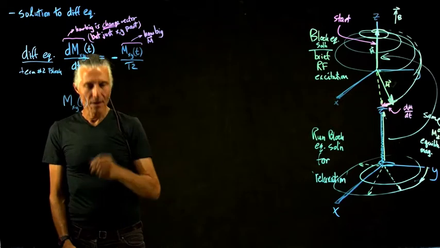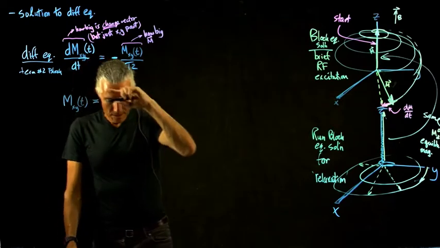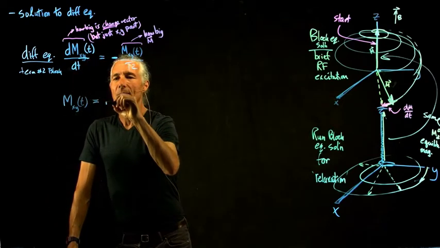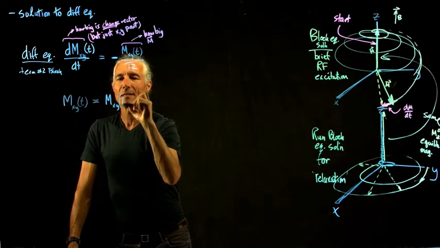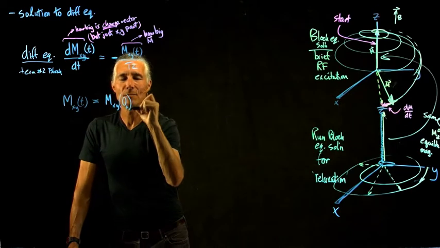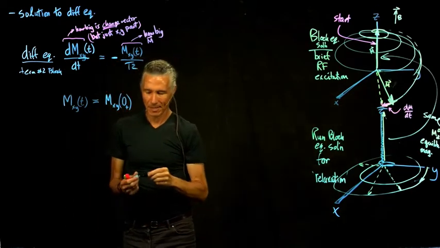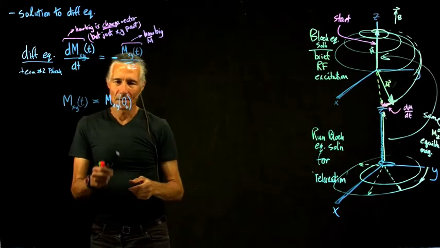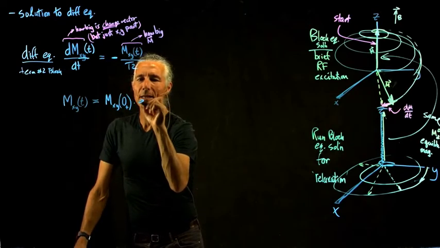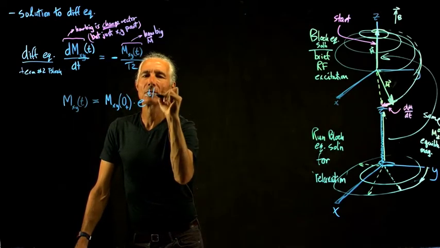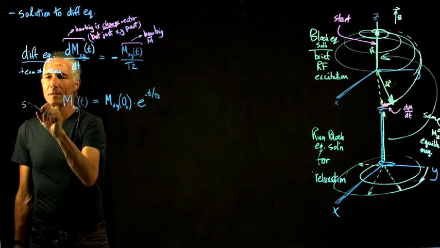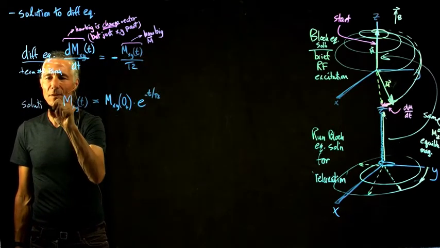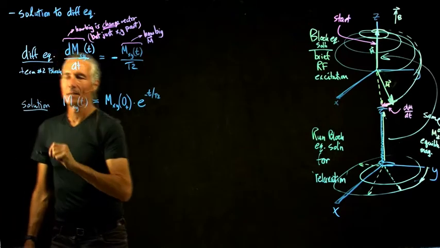Our equation was the following: the mxy at this point just after we turned off the RF, multiplied by e to the minus t over T2. So this guy is a solution. And today we're trying to figure out how we get that solution.